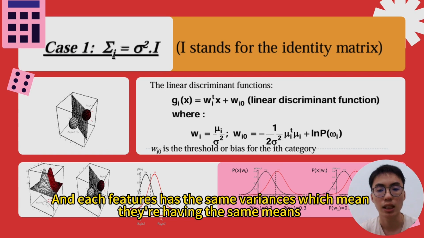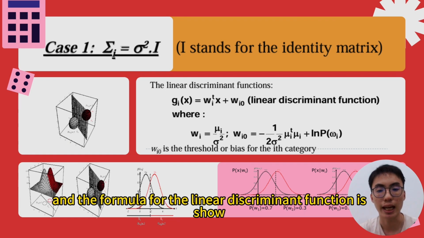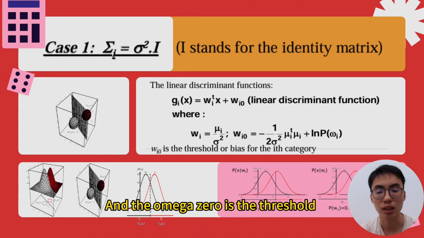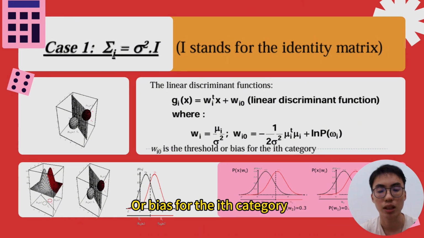The formula for the linear discriminant function is as shown: g i of x equals omega i transpose multiplied by x plus omega i0, where omega i0 is the threshold or bias for the i-th category.